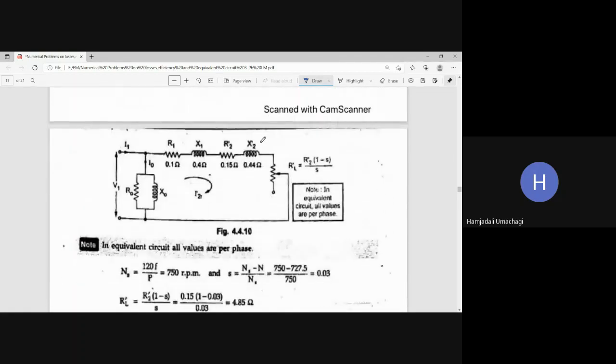This is the approximate equivalent circuit where the magnetizing branch, which would appear at the center, is shifted to the left side, or the source side. After doing that, all the resistances, like stator resistance and the equivalent resistance referred to the stator side, that is R2 dash or R1e, will appear in series form: R1 plus R2 dash, similarly X1 plus X2 dash.